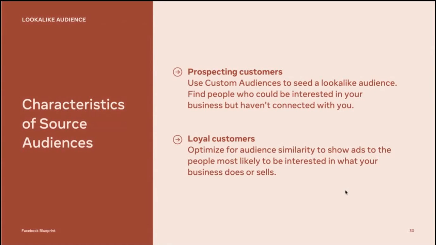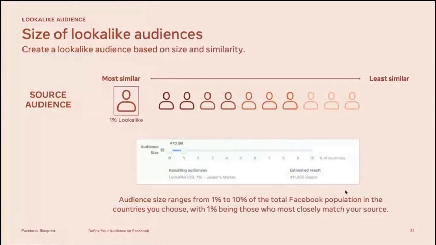Now, when you create a lookalike audience, the most important thing to keep in mind is the percentage, or the lookalike size, that you want. When you go and create a lookalike audience, you have to choose the percentage, like what percentage of the population from that particular country you want.